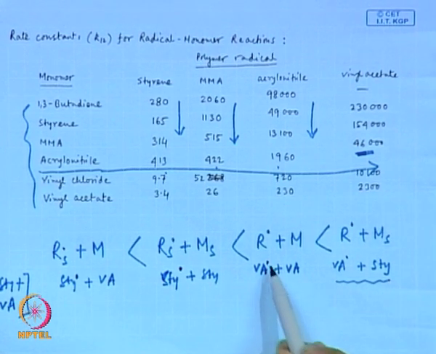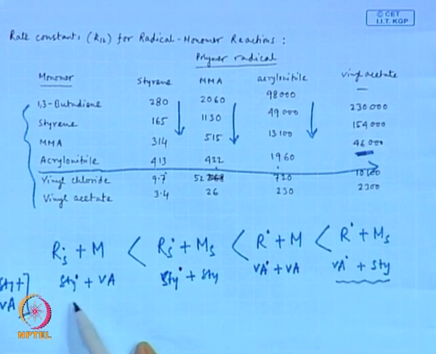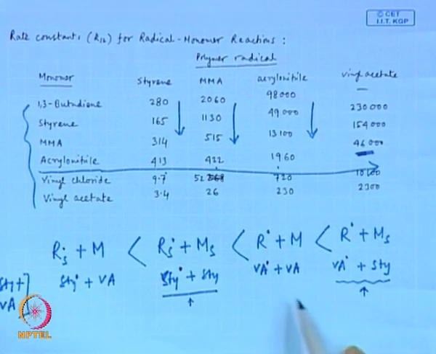So, if you have a vinyl acetate radical in the reaction medium, it will always copolymerize. If you have a styrene radical in the medium, it will always homopolymerize. So, basically if you have a radical copolymerization between styrene and vinyl acetate, these are the two propagating pathways that will dominate.